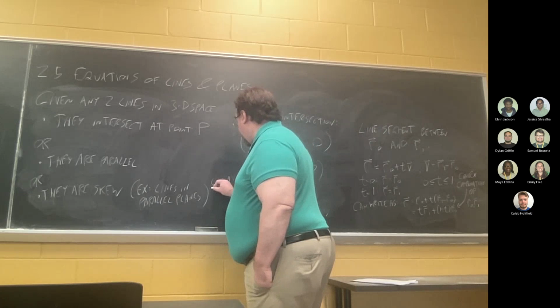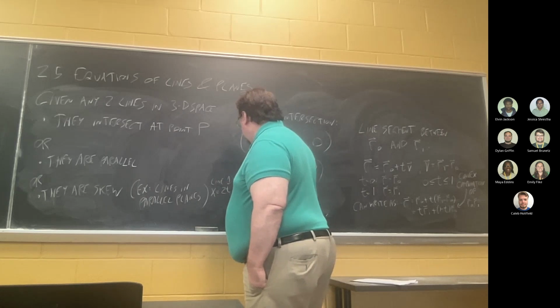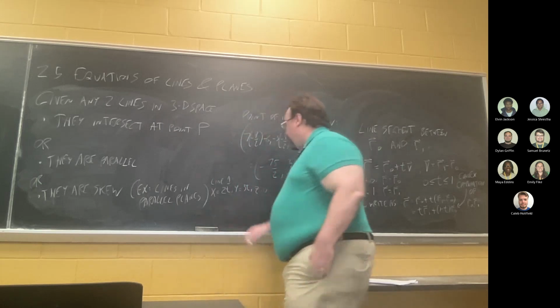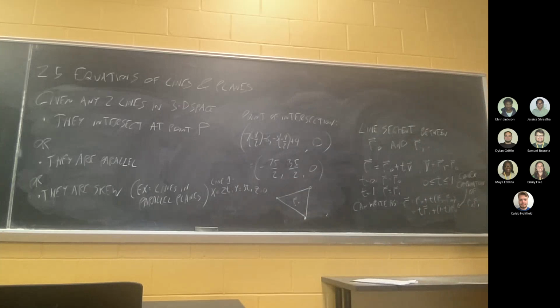If I describe this equation of a line, x is equal to 2t, y is equal to 3t, z is equal to 0. So this is a line that sits in the xy plane, passes through the origin, and has a slope of 3/2.